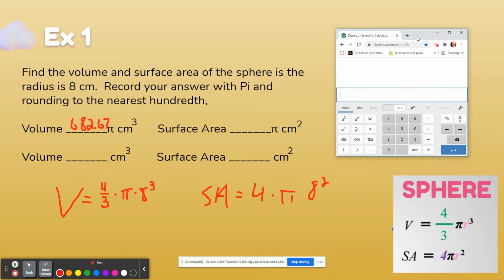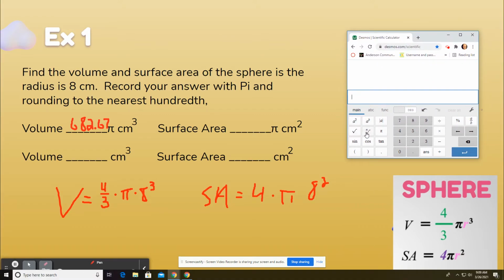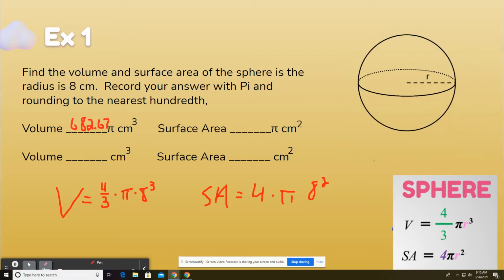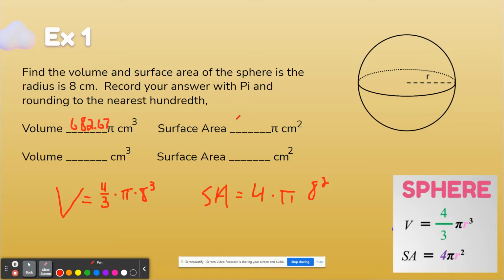Bring our calculator back. We plug that in. We're going to do everything except for pi. So 4 times 8 squared, which gives us 256. So we would just enter in 256 here.